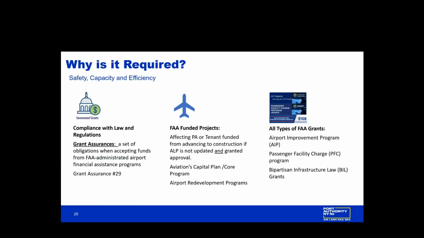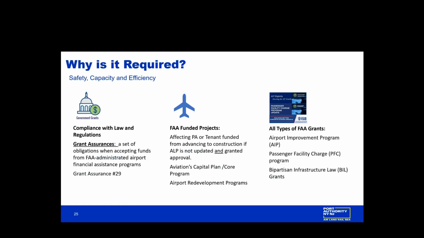So why is it required? Why do we have to do an airport layout plan? First and foremost, to ensure our airport is designed and planned under three principles: safety, efficiency, and complexity.